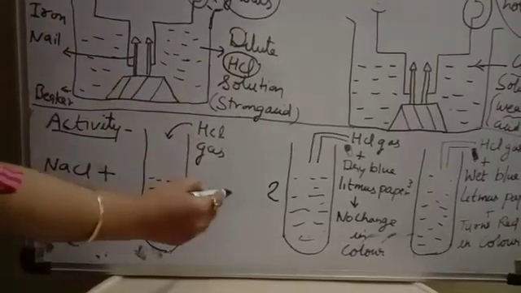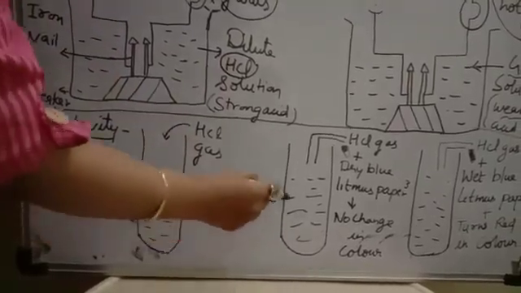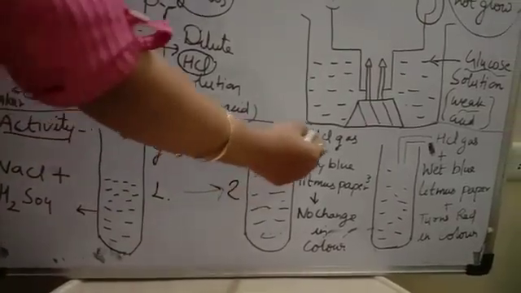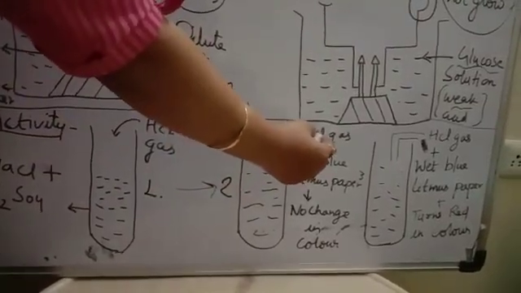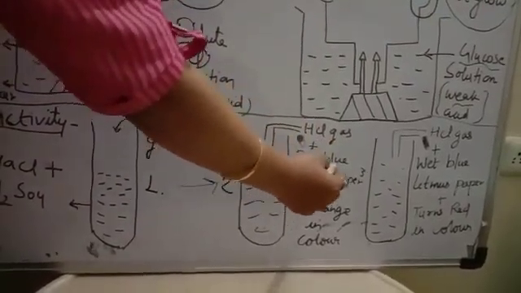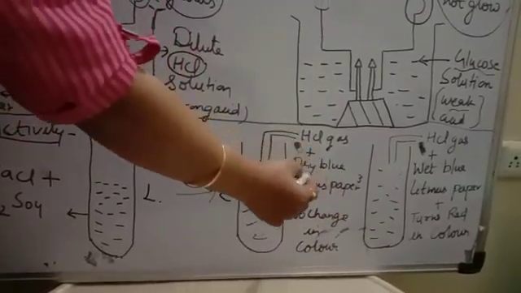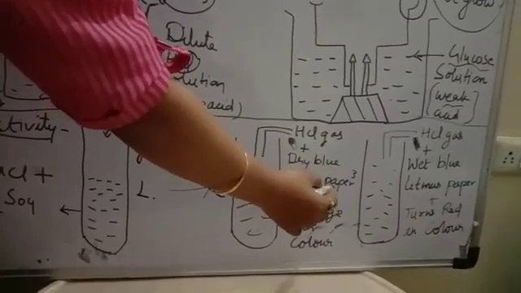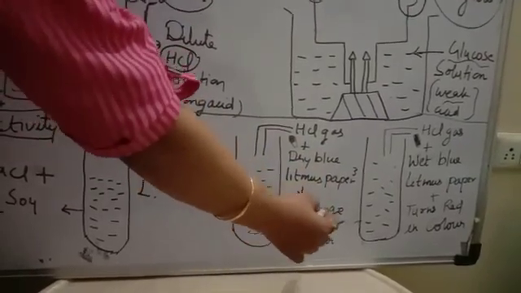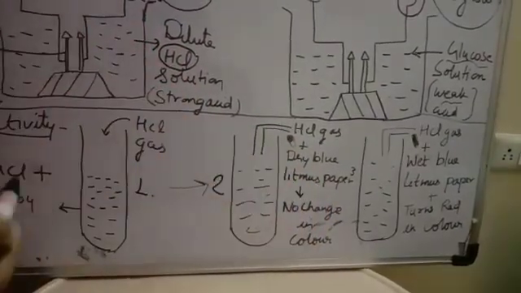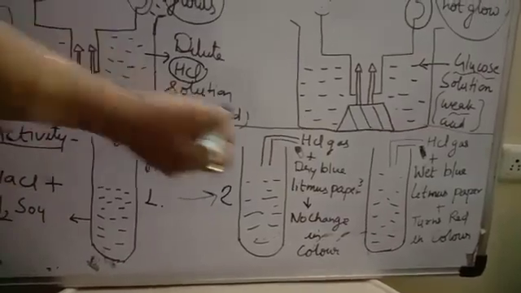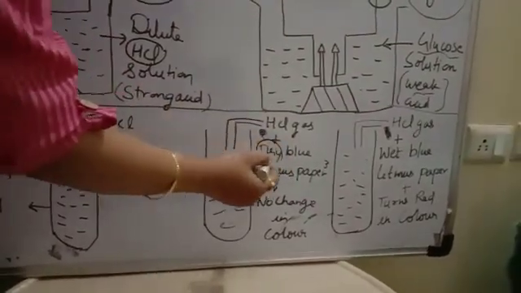In the second step, when there is a production of HCl gas, we will put dry blue litmus paper here. So when HCl reacts with dry blue litmus paper, there will be no change in the color of the litmus paper because it is a dry blue litmus paper.